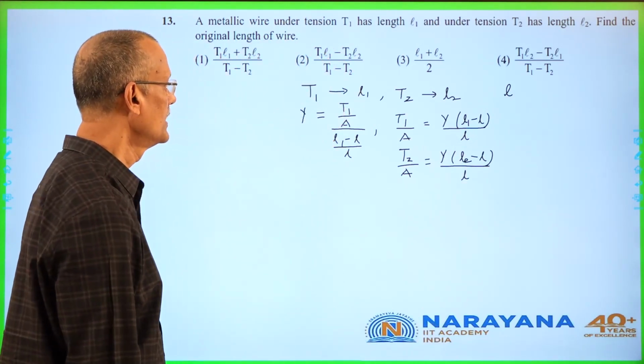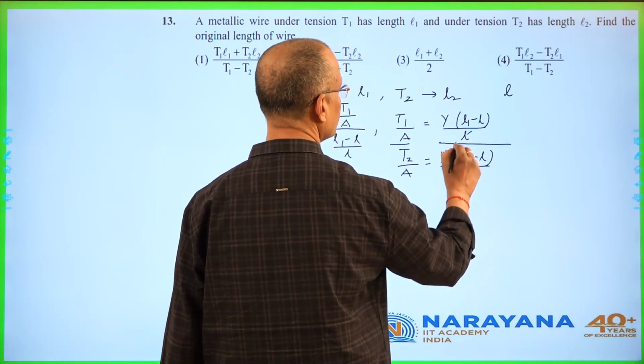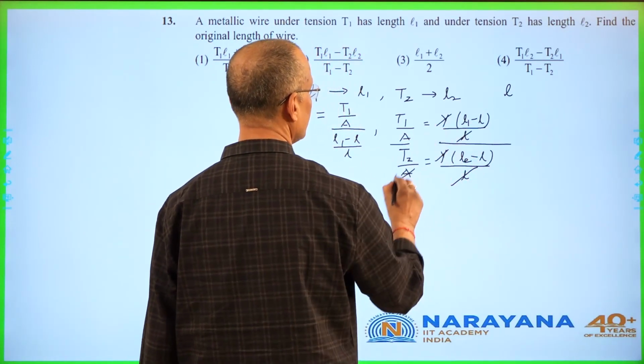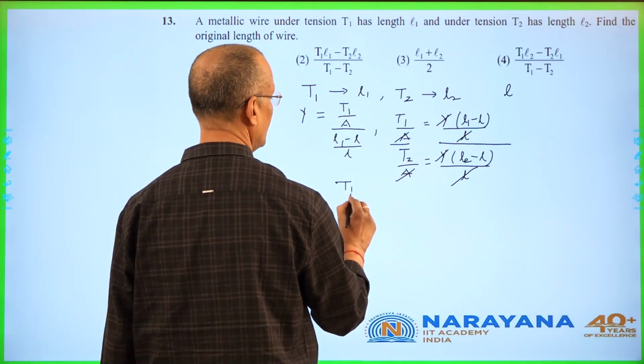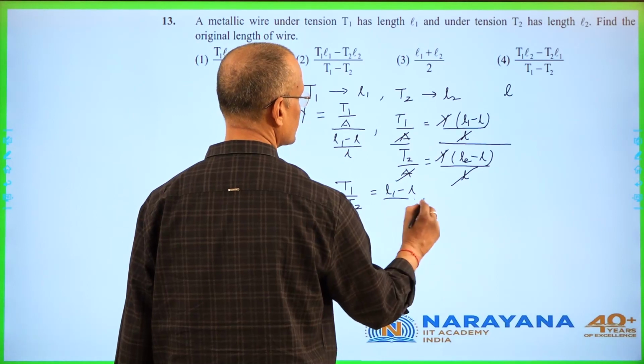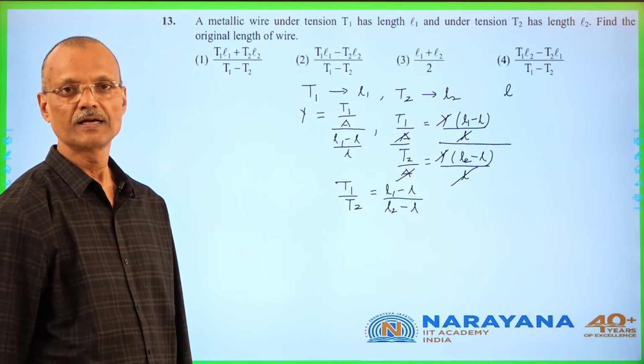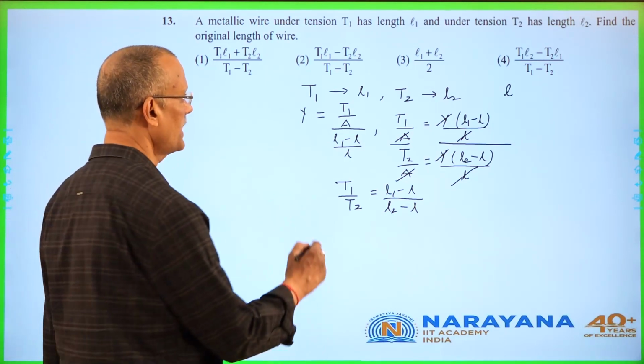Clear to you? If you take the ratio, what are you getting? L cancels, Y cancels, A cancels: T1 by T2 equals L1 minus L by L2 minus L. Cross multiply.